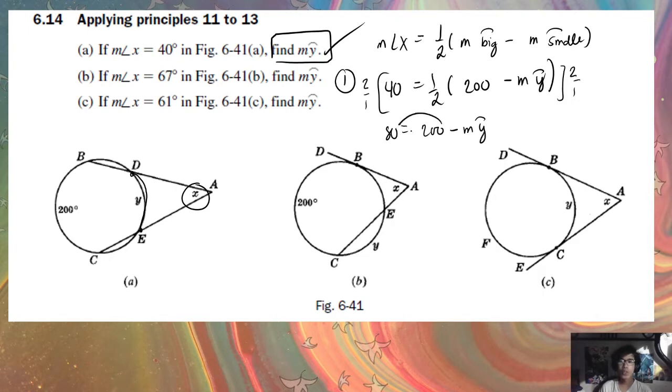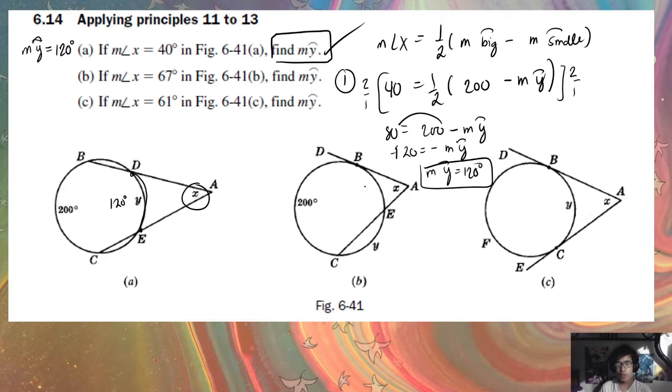Transferring 200 to the other side gives negative 120 is equal to the measurement of arc y. Dividing both sides by negative 1, the measurement of arc y is equal to 120 degrees. So for the first problem, the measurement of arc y is equal to 120 degrees.